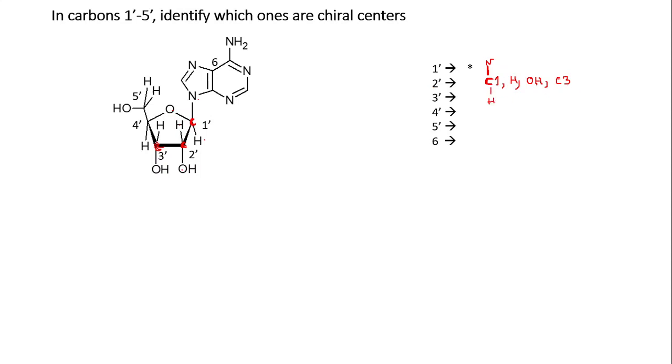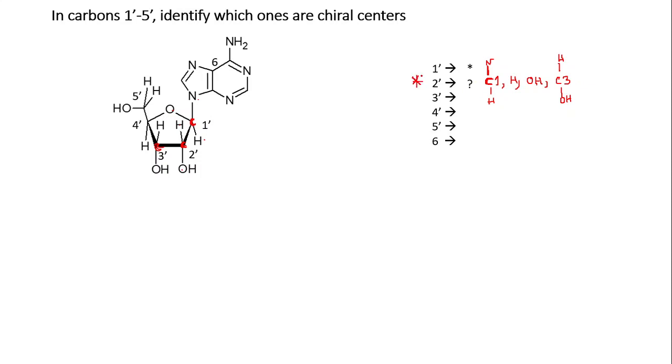For C3, the follow-up valencies are H and OH, meaning they are non-identical. Had the follow-up valencies been similar, then they would have been identical. So C2 also has four non-identical valencies. So this is also chiral.